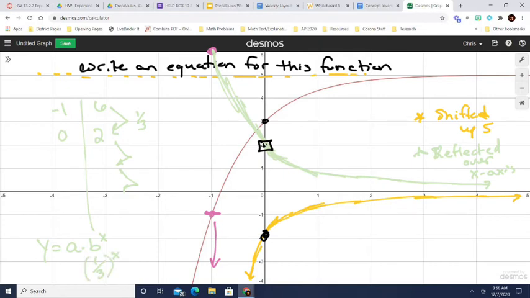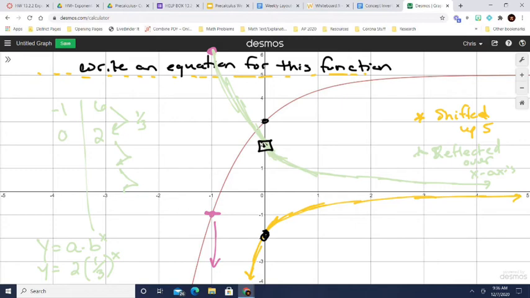And I know that the a value is a stretcher as well, but in this case, it's also the initial amount, so it's actually 2. So this is the green one.